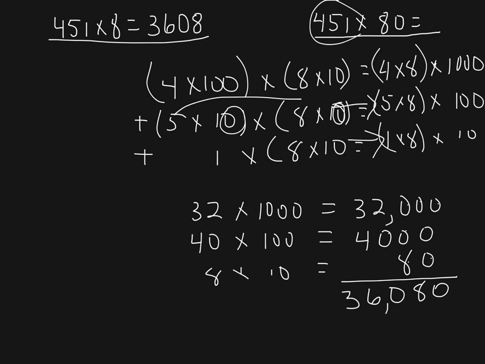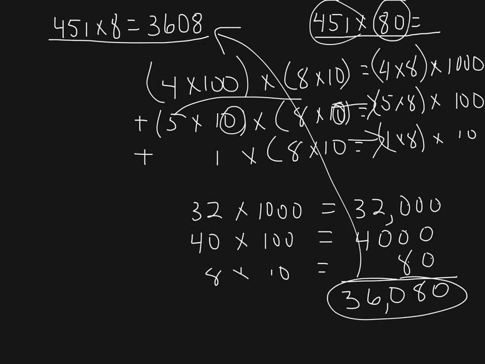So my answer will be 36,080. And if I compare this answer to this answer up here, I see I have the same digits, but they're all moved one place to the left, and that's because I have this extra 10 in here. Instead of multiplying by 8, I've multiplied by 8 times 10.